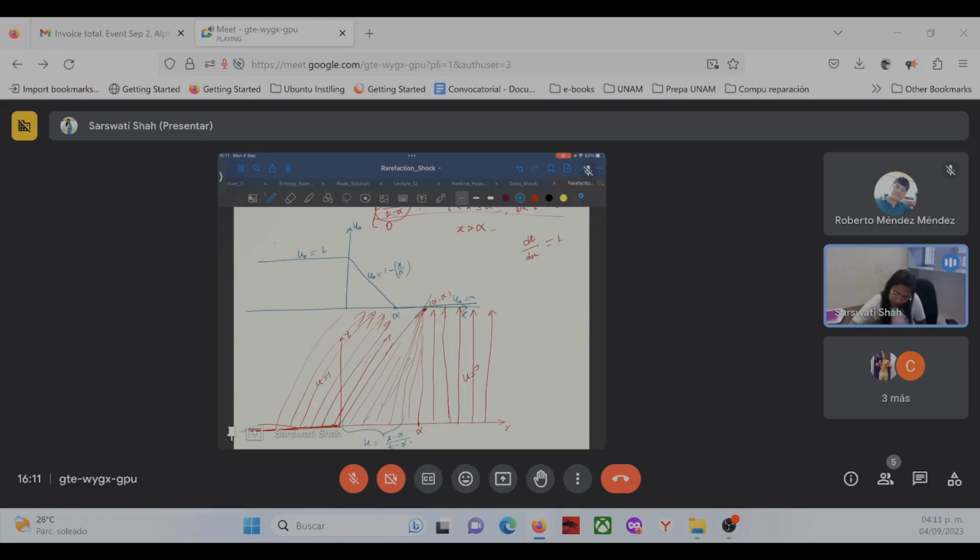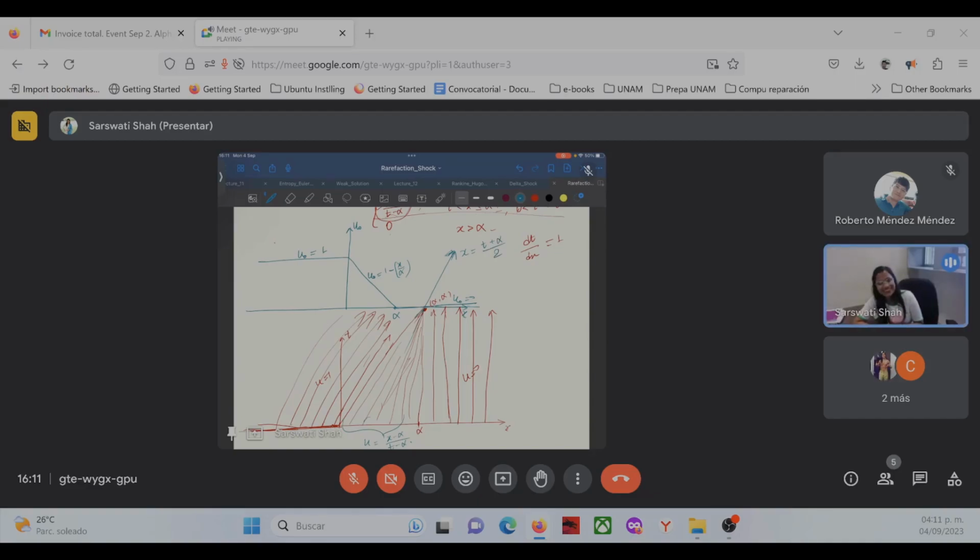Now suppose this is a line. What will be this line? Suppose it has a slope of, I don't know, like 1. x equals t plus alpha by 2, but how?